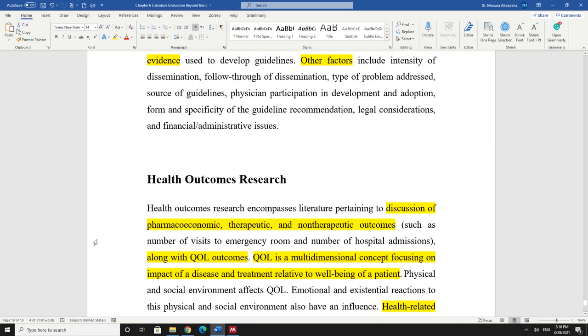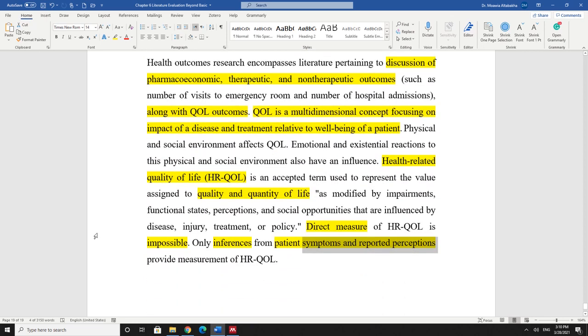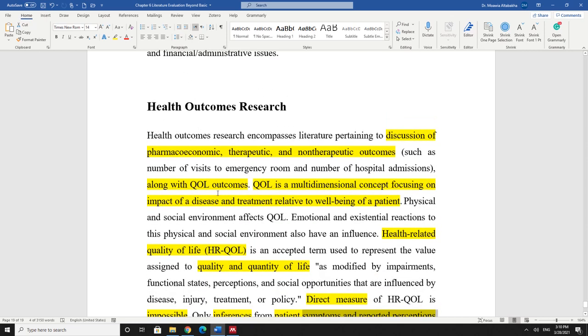Here I just introduce you to what we mean by health outcomes research, because this is becoming a more important study in pharmacy, and you might encounter it. So I thought you need to learn about such study.